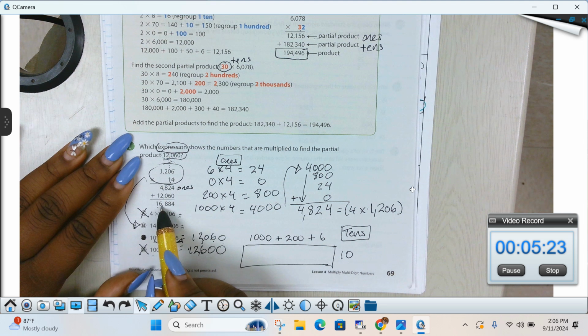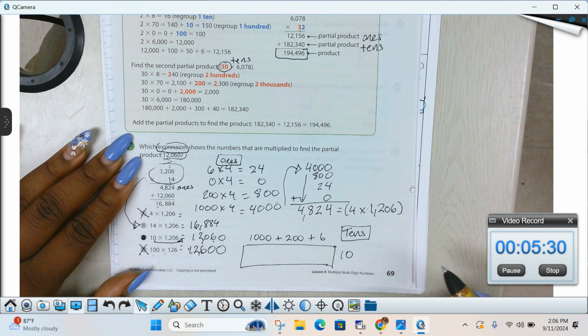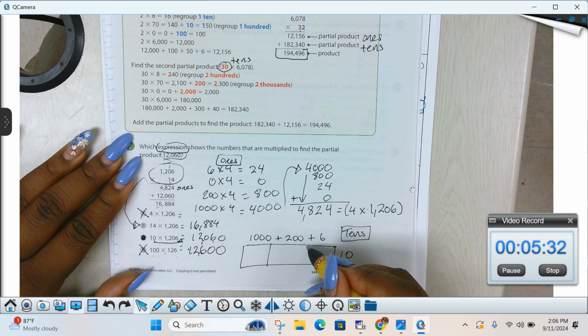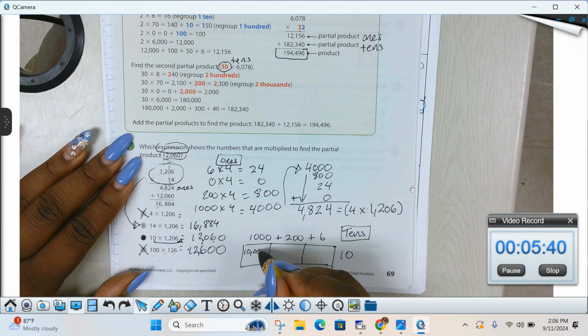That's B. And the answer for B is 16,884. But just so we can show our work, this would be 1,000 times 10. It's 10,000. Because there's 1, 2, 3, 4 zeros. 200.